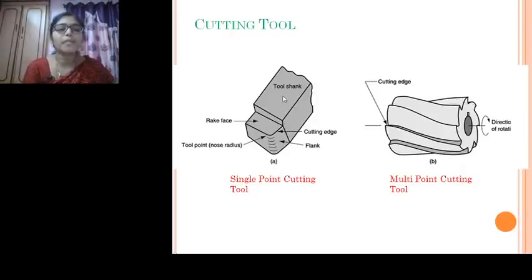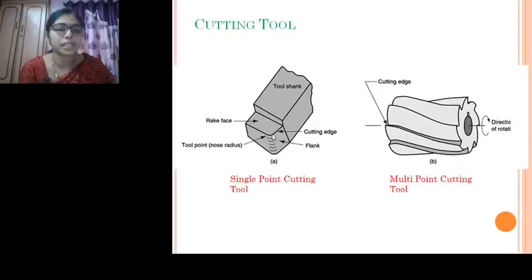Now this is a basic single point cutting tool, where it has one single cutting edge, a tool nose point radius, a rake face, a tool shank, and a flank. These are the different terms we use to define a single point cutting tool. How do we define the cutting edge?